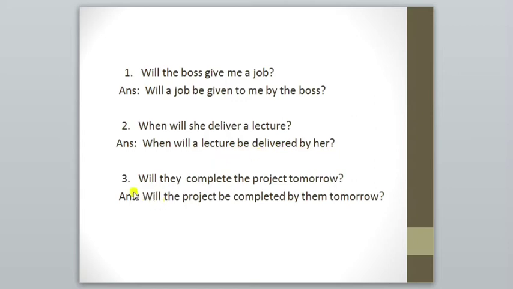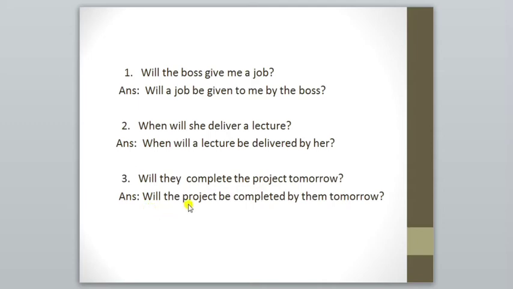Third sentence, will they complete the project tomorrow? Verbal question. Here, will is auxiliary verb. They is the subject. And the project is what? It's an object. So we have to take the object after will.